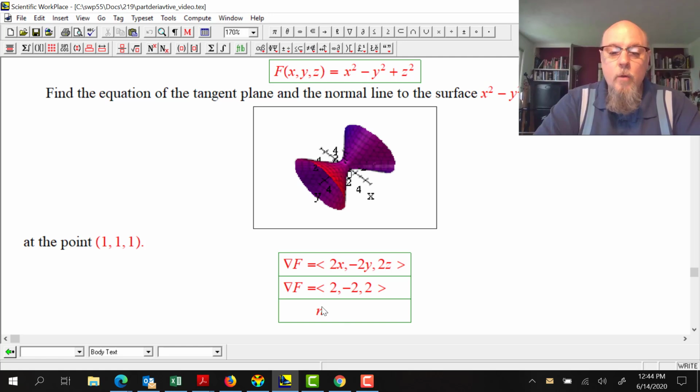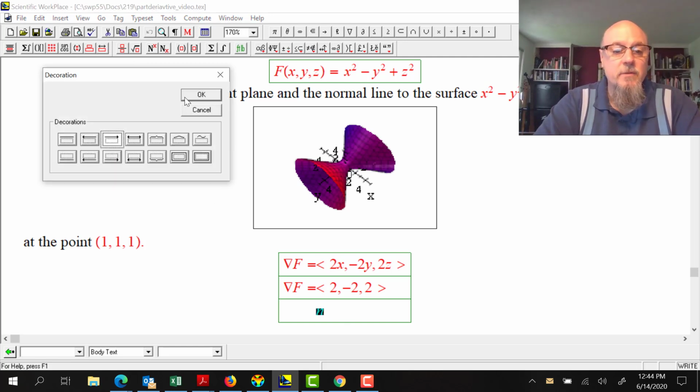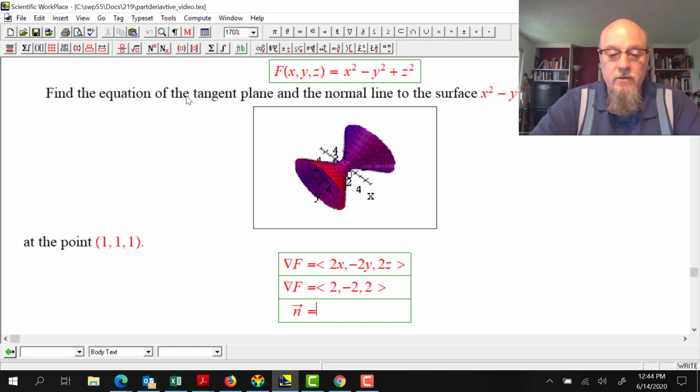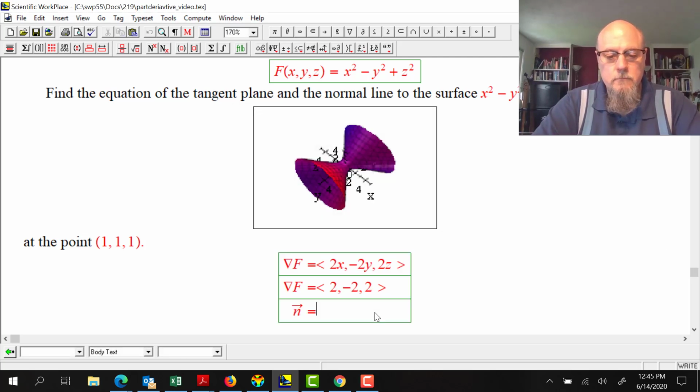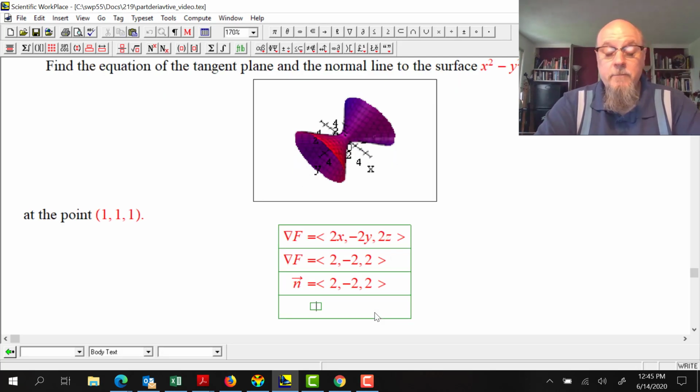So for our purposes, there's the normal vector to the curve, which is also then the normal vector to the tangent plane. The normal vector is (2, -2, 2). All right, a scalar equation of the plane has the form ax + by + cz = d.